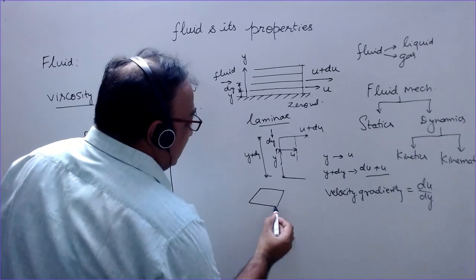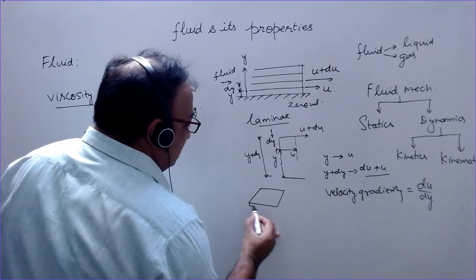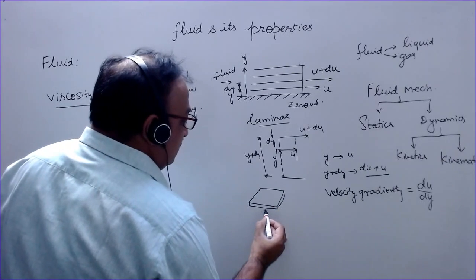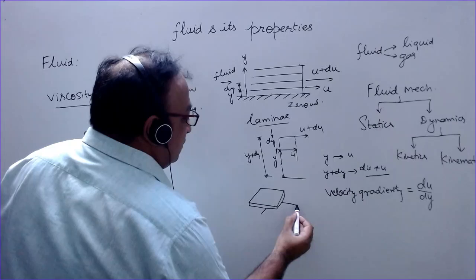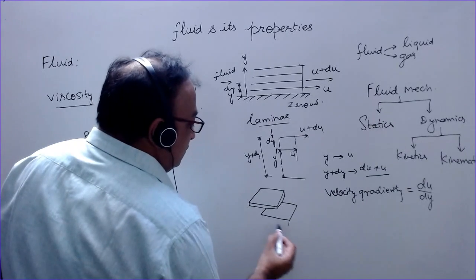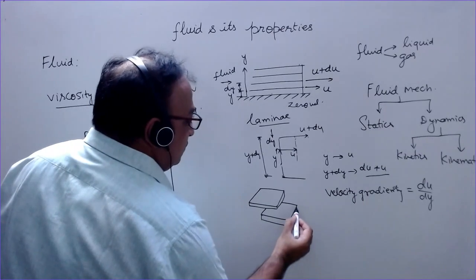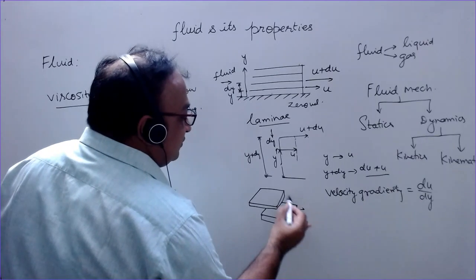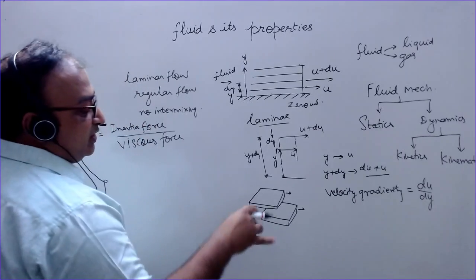Suppose this is one layer. This is moving in this direction, this is also moving in this direction, but the speed is different.